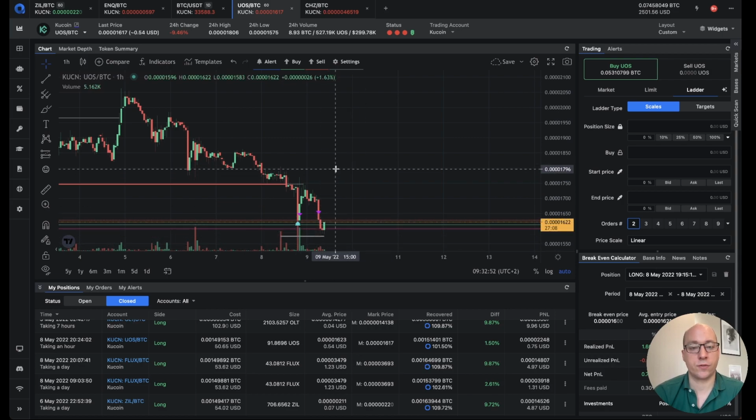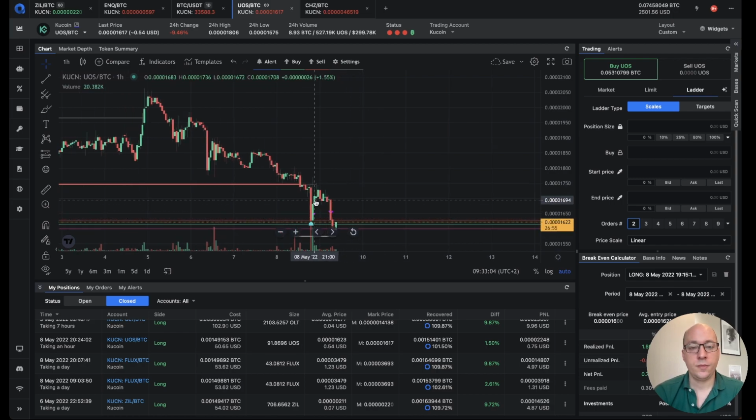Now, it might still recover and go back to that 10%, but in this case, this base is not worth it anymore. It's been respected, and the price was rejected, so it went back down. And now we can't use the statistics anymore. So allowing it to go to 10% would be gambling.